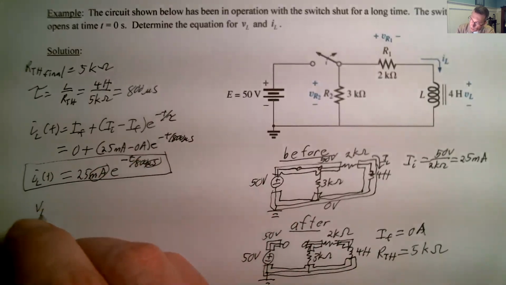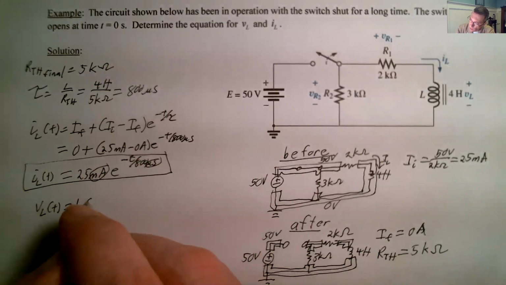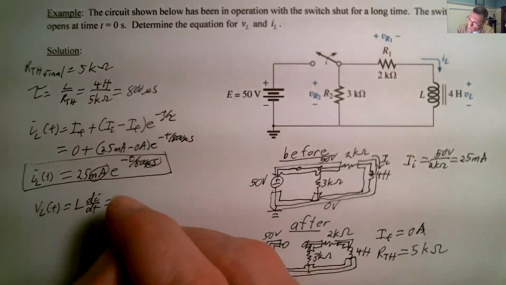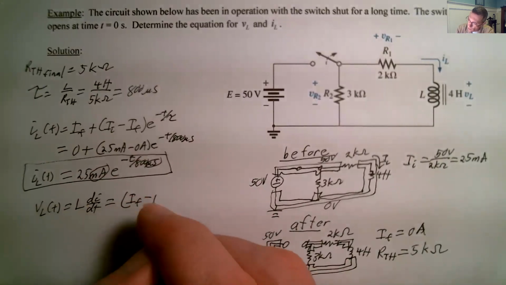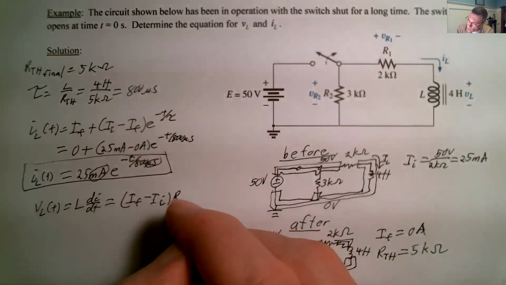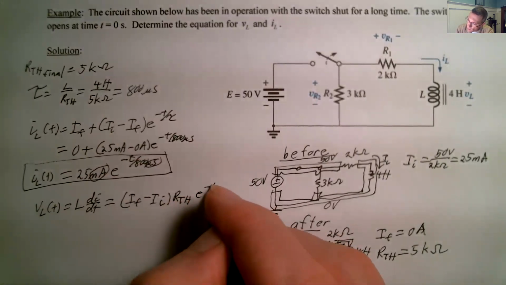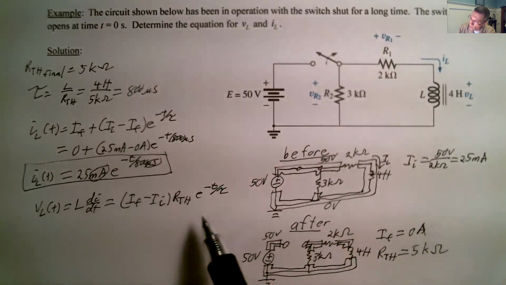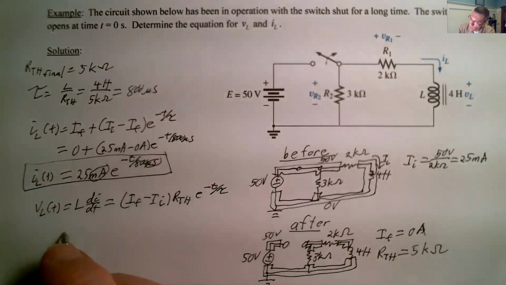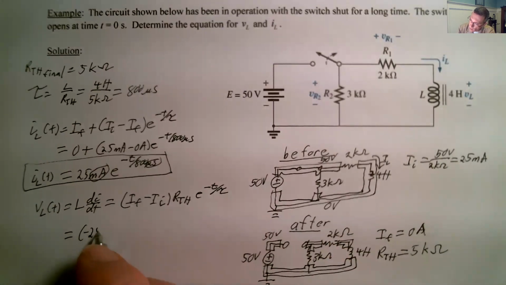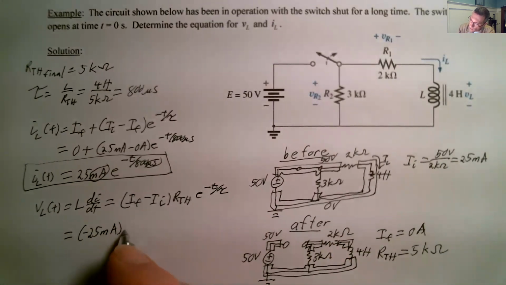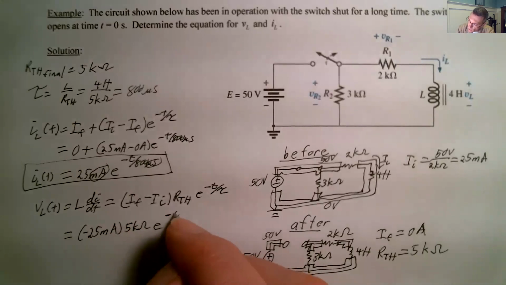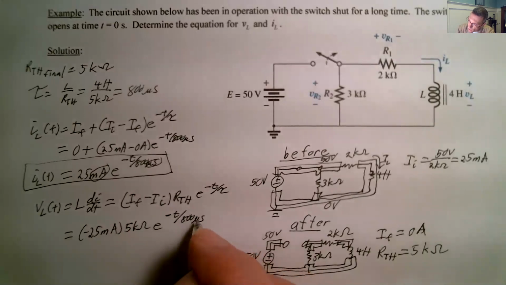So now, what is VL of T? Well, that's equal to L di dt. And when we did that, we said, wait a minute, that's just equal to I final minus I initial times RTH, e to the minus T over tau. I final is still 0, I initial is 25 milliamps. So we get negative 25 milliamps, and RTH is 5K ohms, e to the minus T over 800 microseconds.